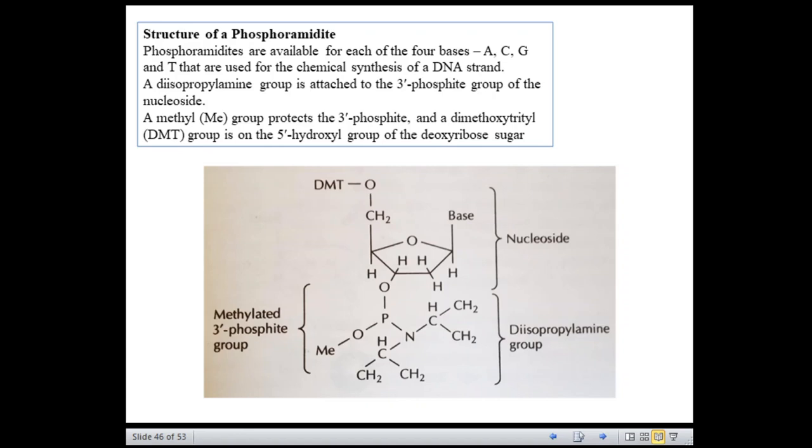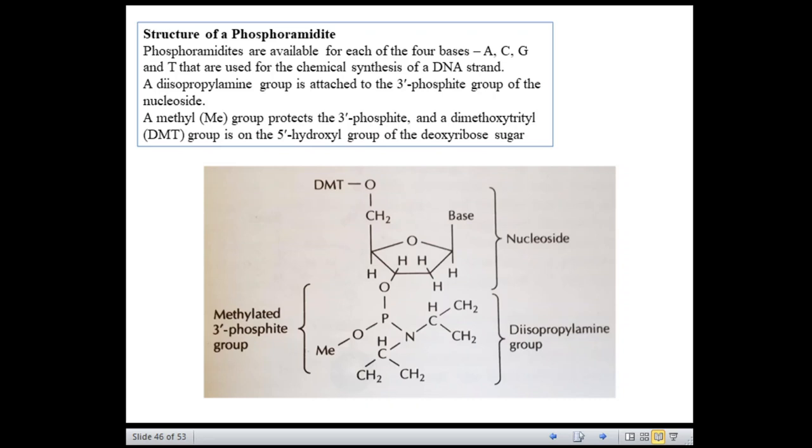Now the column is flushed with argon to purge the acetonitrile. So you have washed the column with acetonitrile; now acetonitrile has to be removed, so purge the column with argon.